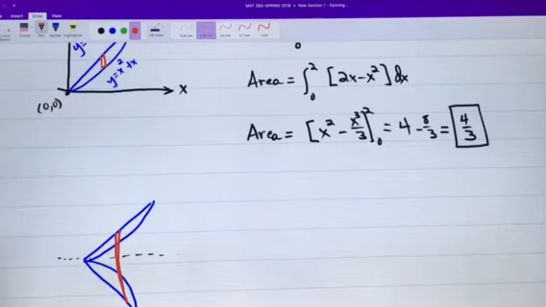So for the outer disk, we have the one corresponding to 3x, and for the inside disk, this will be in reference to x squared plus x.